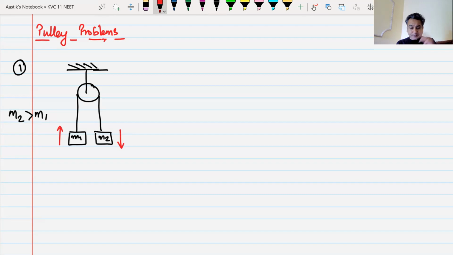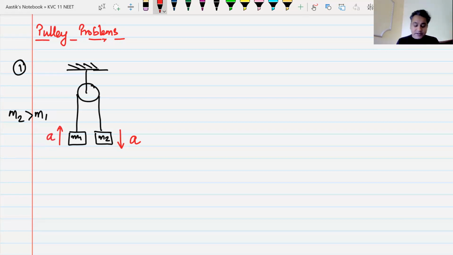Very true. Now tell me, will they have the same magnitude of acceleration? If I say that this acceleration is A, downwards, what will be the acceleration of block M1 upwards? Will they move with the same acceleration or different accelerations? Same.